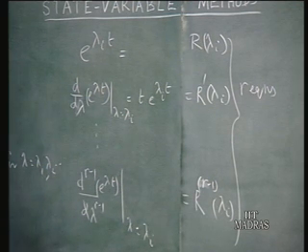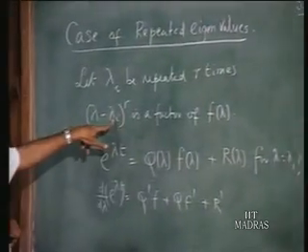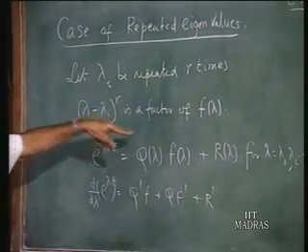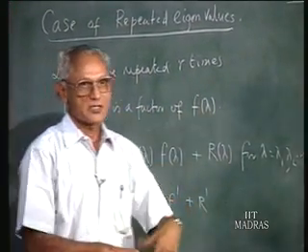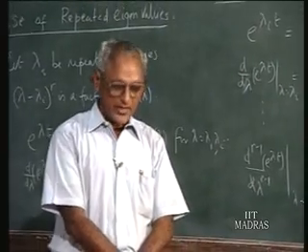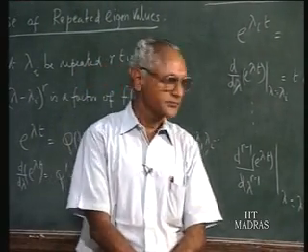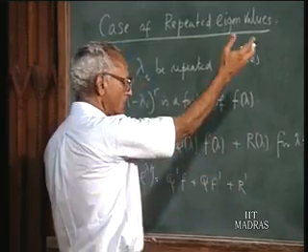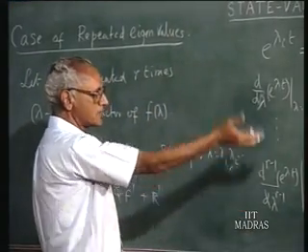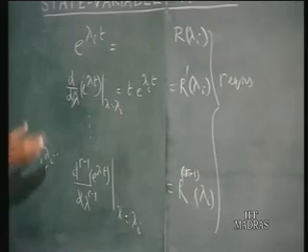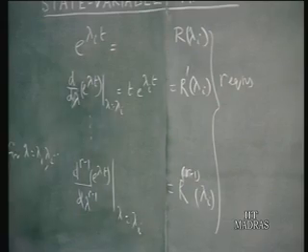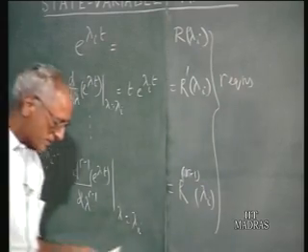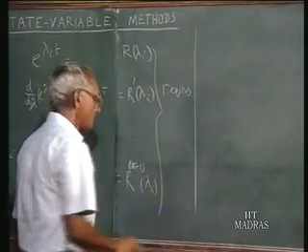Since the factor here is repeated r times, corresponding to these r terms in this f lambda, you get r equations. So we will never be in short supply as far as the number of equations is concerned, even if a particular eigenvalue is repeated. You form the successive derivatives and substitute lambda I, and you get the required number of equations. An example will illustrate this procedure very clearly.